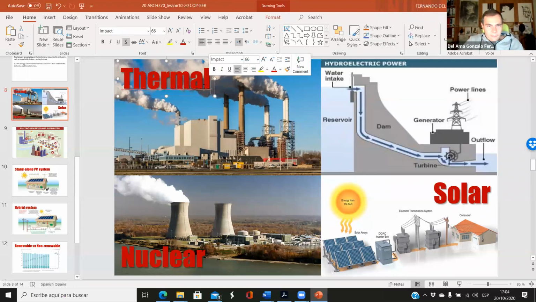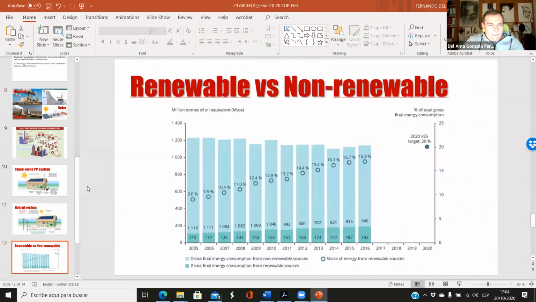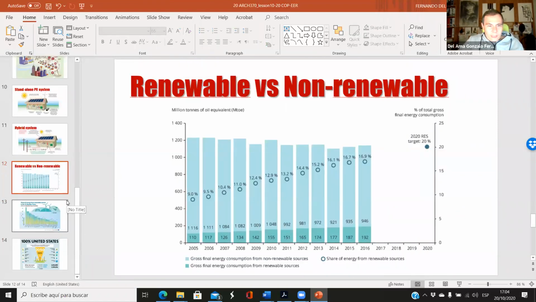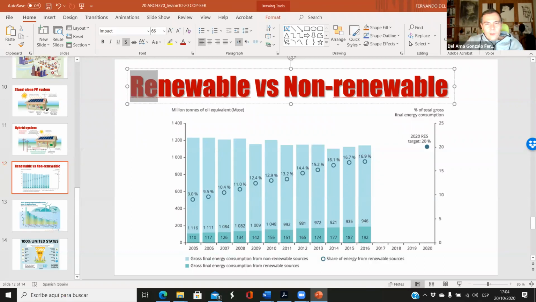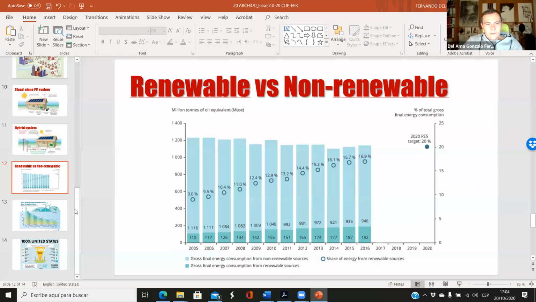We can't say that. Countries, in theory, are committed to renewable energy. And so there are a lot of conferences and agreements between different nations about a renewable future.